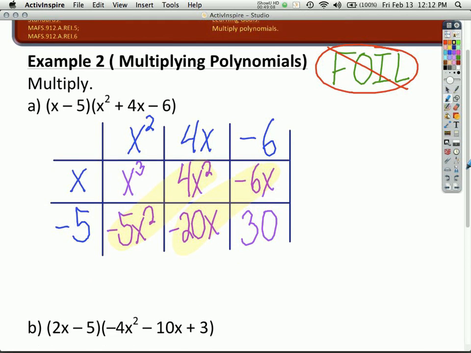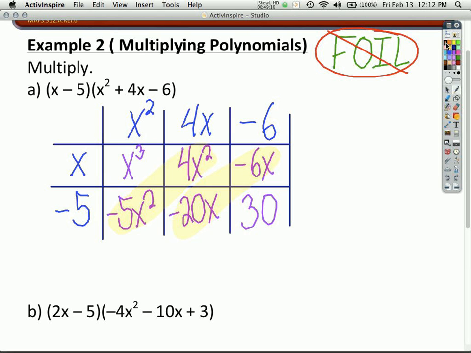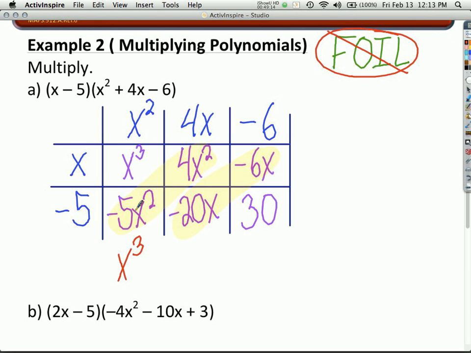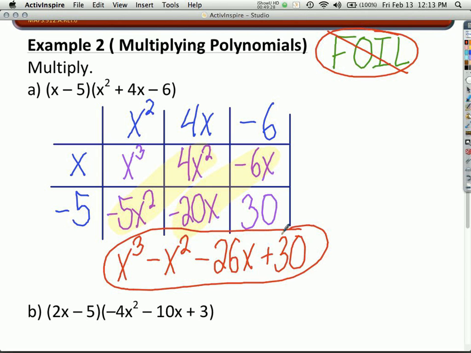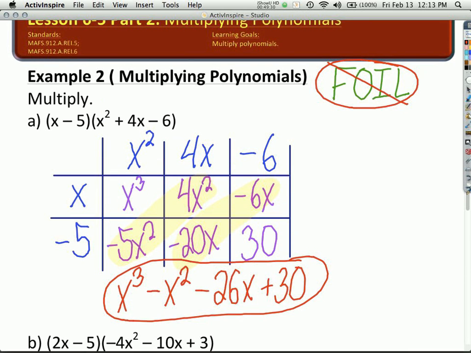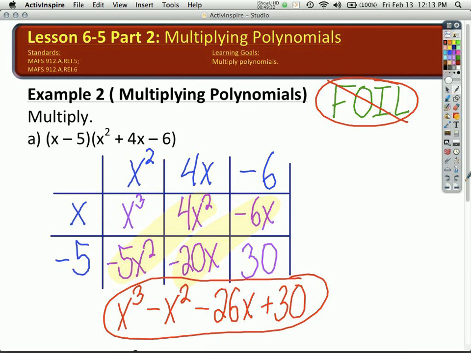So we end up with x to the third power. Then we've got a negative 5x squared and a 4x squared. That's negative x squared. Then we have a negative 20x and a negative 6x. That's negative 26x. And then we just have a 30. So the table helps you stay organized and pay attention to where things are and what's going to get added together.